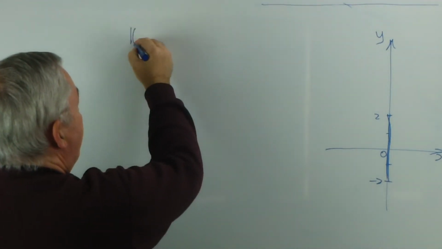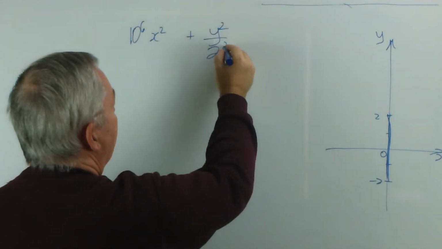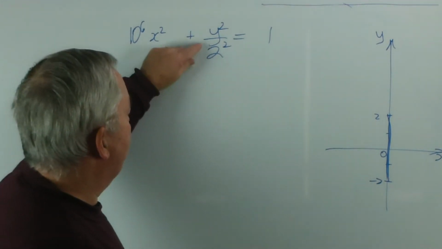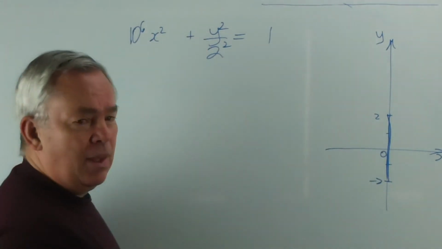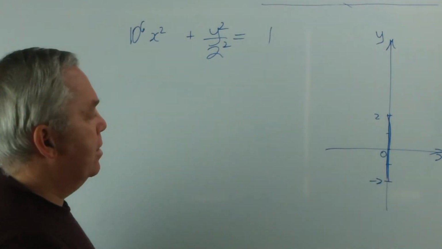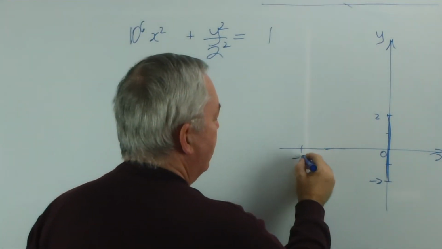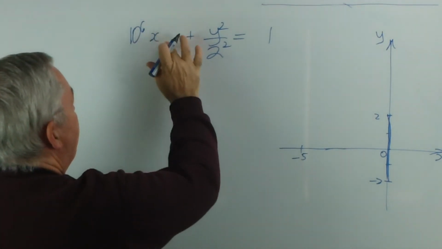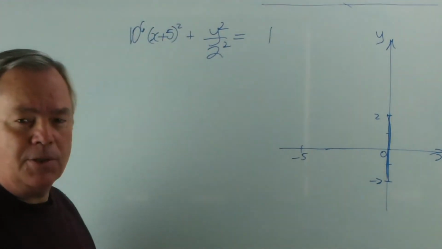Well, let's write our basic equation. There it is, that's our ellipse that goes from +2 to -2 on the y-axis and from +1/1000th to -1/1000th on the x-axis. So that's our interval. What if I wanted it to move to -5 on the x-axis? All I need to do is to make this alteration.